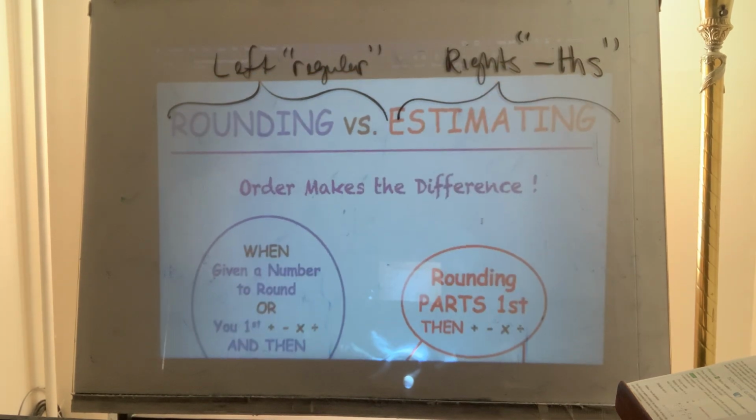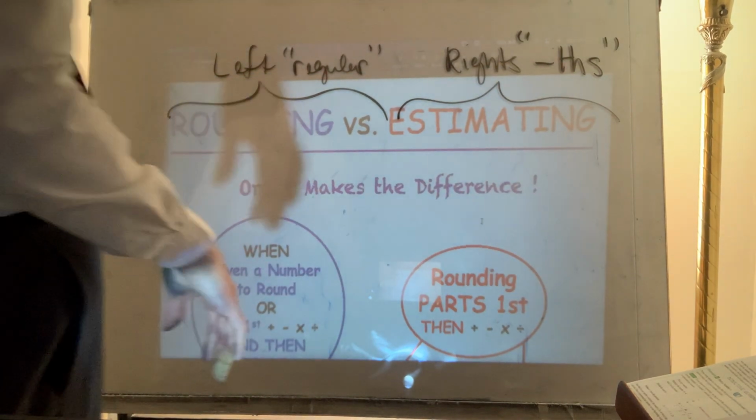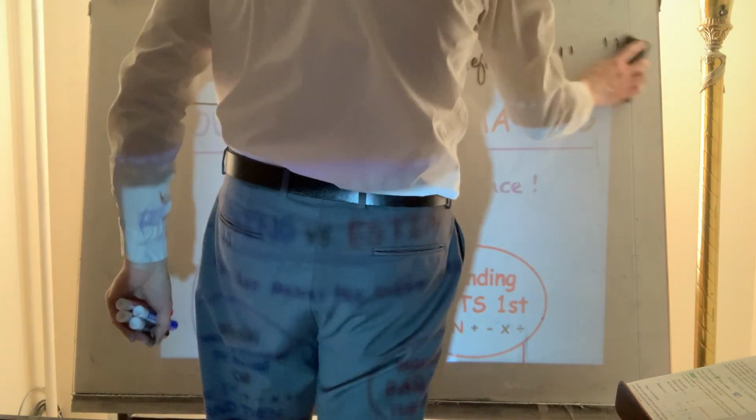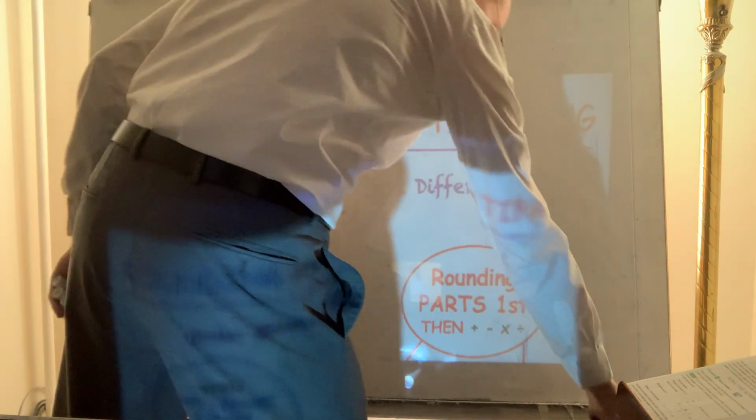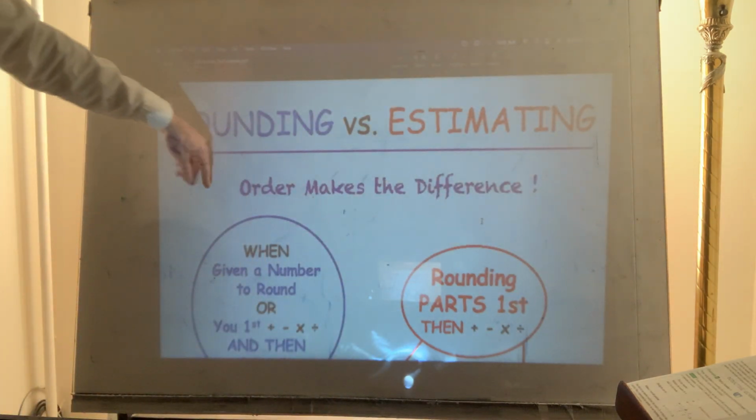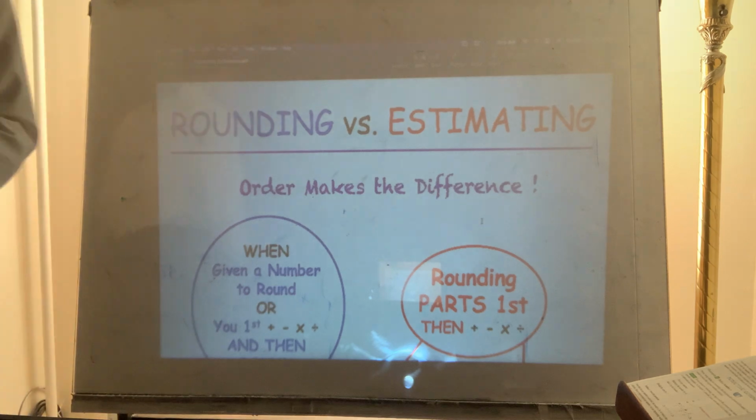Okay, to summarize these concepts, rounding versus estimating. Think of them as being procedural. Order makes essentially the difference between these two things.